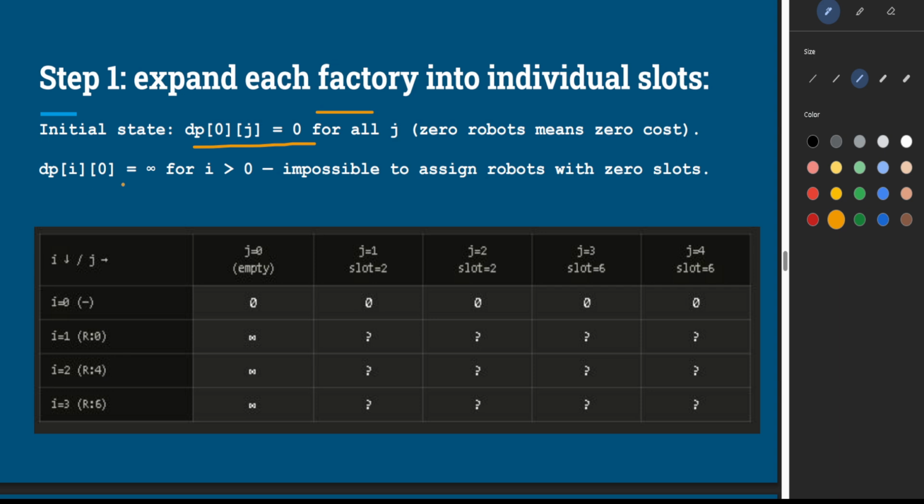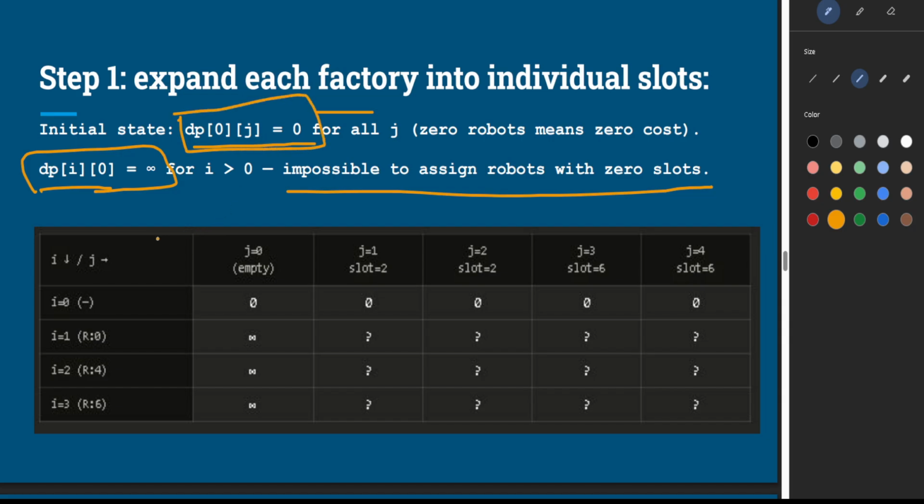Now dp[i][0] is infinity for all i, because it is impossible to assign a robot with 0 slots. So these two things we have to define initially: dp[0][j] is 0 and dp[i][0] is infinity.